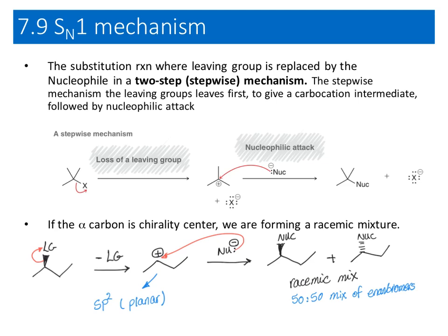But when we are drawing the arrow, we just show one arrow that the nucleophile attacks the carbocation. So you don't need to show both arrows from the top and from the bottom. But what you need to know is that we are forming a mixture of enantiomers, which is a racemic mixture in SN1 mechanism, if the alpha carbon becomes a chirality center.